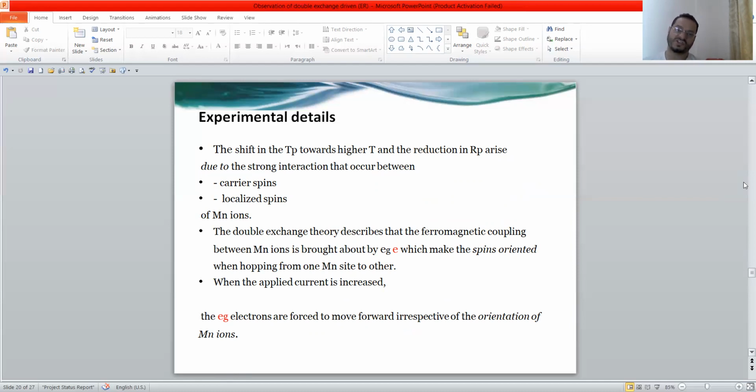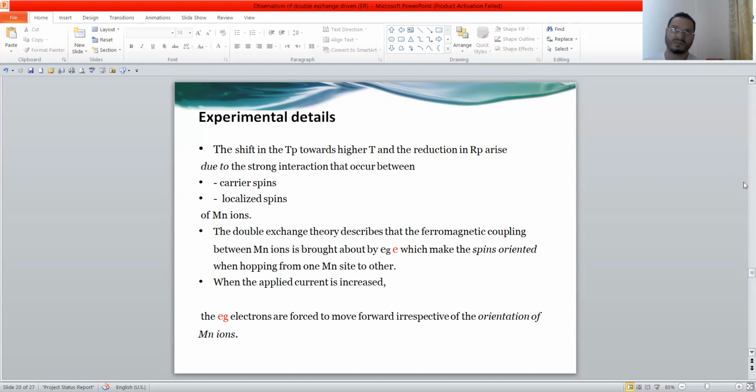And what does the double exchange theory describe? It describes the ferromagnetic coupling between manganese ions, brought about by the itinerant electrons at Eg, which makes the spins oriented when they jump from one Mn site to another.